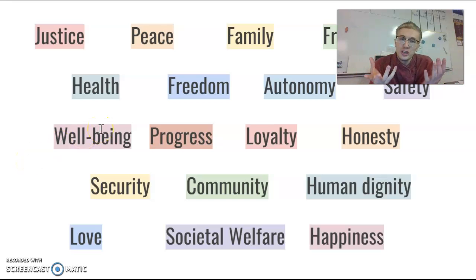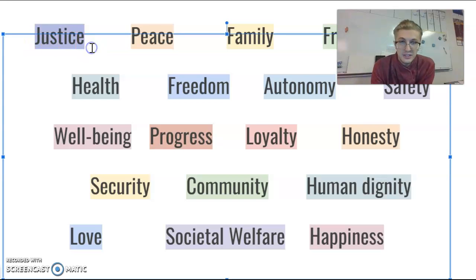Maybe it's a resolution about a government, and you mention specifically how a government's duty is to maintain justice. So that means your value is more important than progress, for example. So that's the other part of this value and criterion side of things.